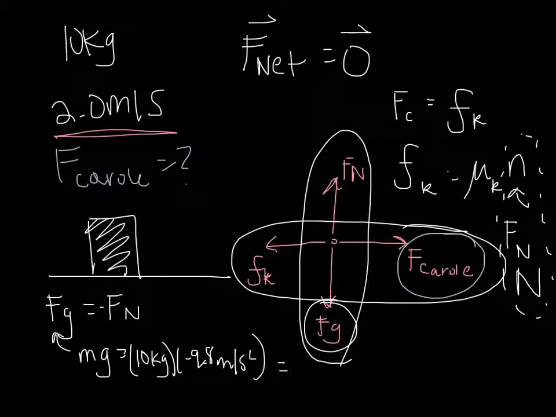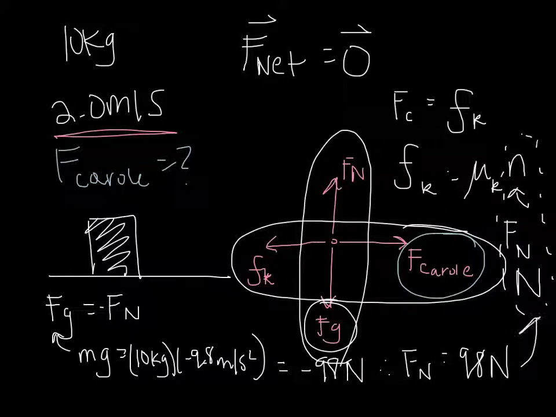So that is equal to negative 98 newtons, and therefore our normal force is 98 newtons. We can plug that 98 newtons into this equation here for the normal force, and now all we need is the coefficient of kinetic friction.